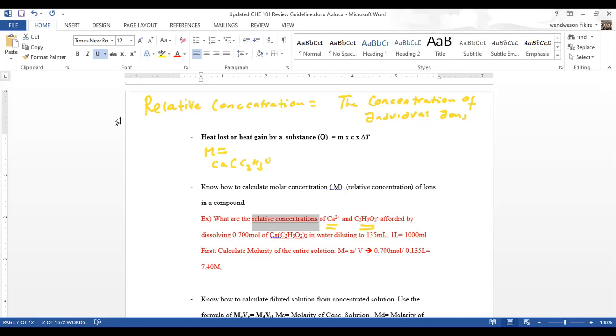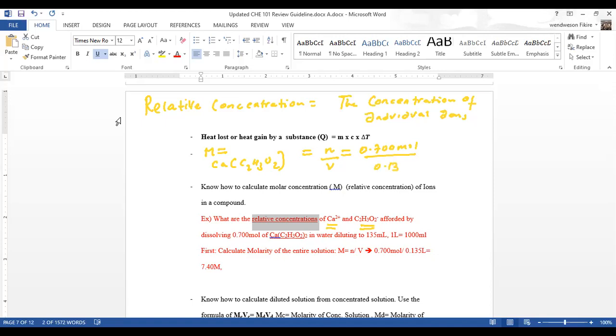Okay, so the molarity, we discussed, is always n over V, the number of moles divided by the volume of solution. For the sake of convenience, we have been given the number of moles, which is 0.700 moles, and the volume is 135 milliliters. However, 135 milliliters has to be changed into liters.